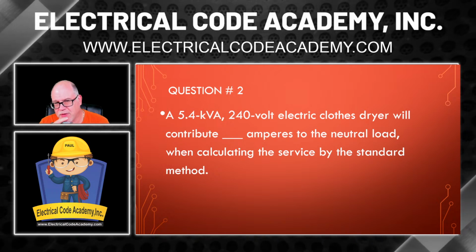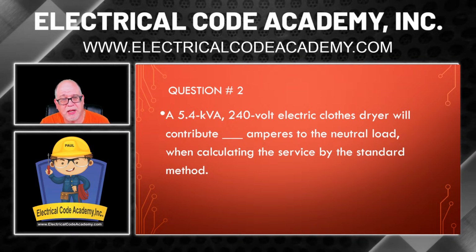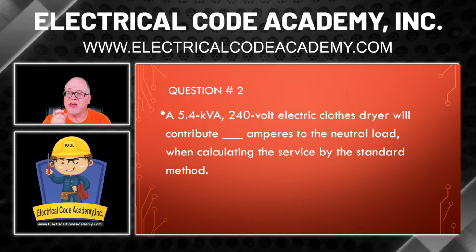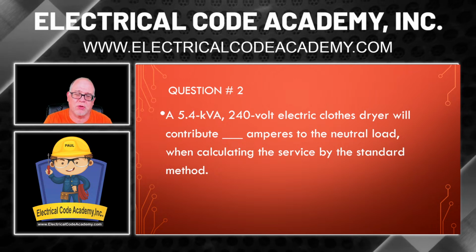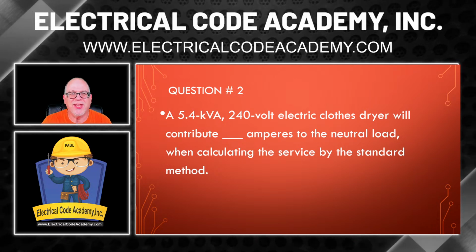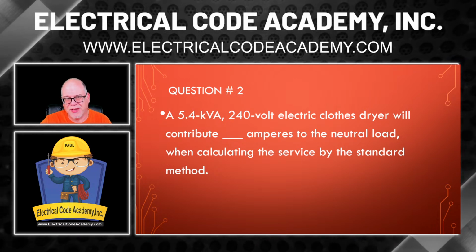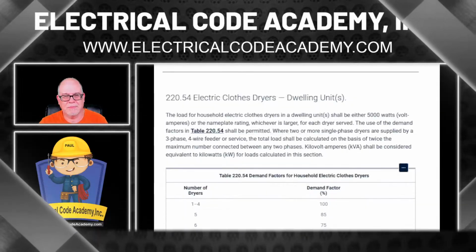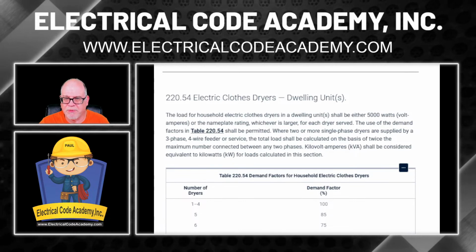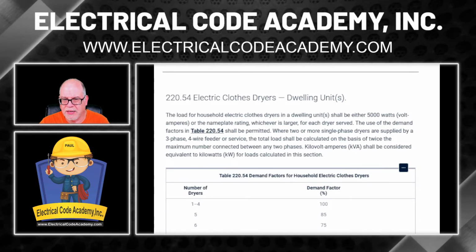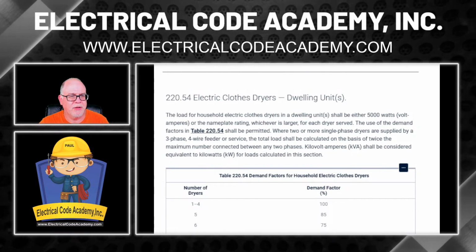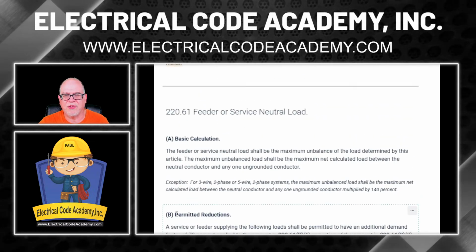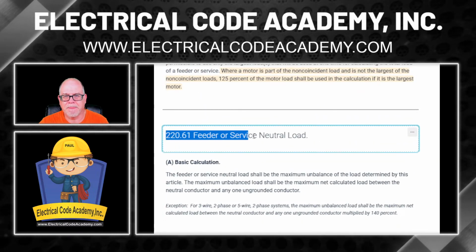Is that the answer? No, because we're allowed to apply additional demands to the neutral load. Okay, where do you go to look for that? Let's go to the code real quick. All right, so in the code, when we're looking for neutral calculations and contributions, we're going to go down to 220.61 right here.